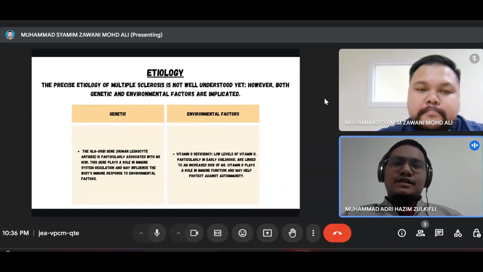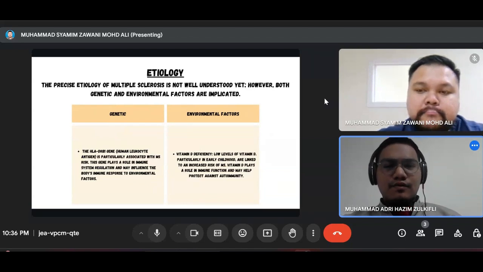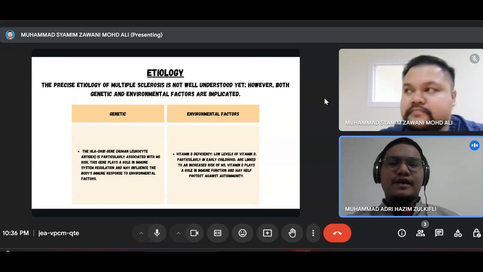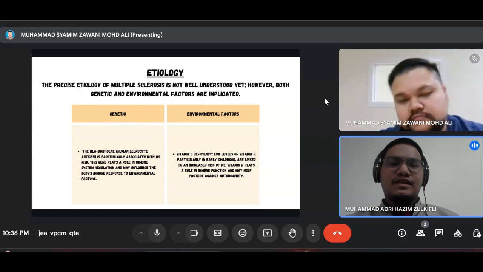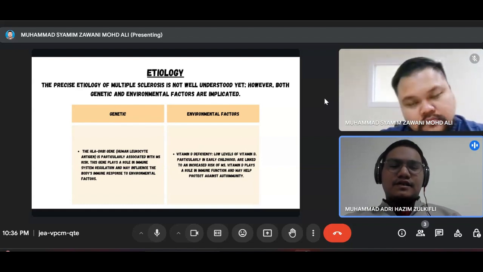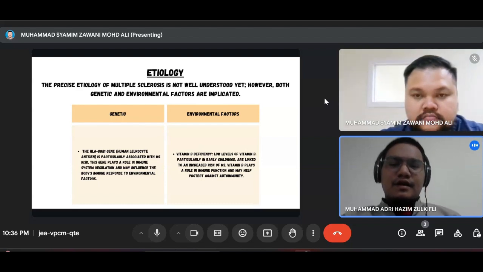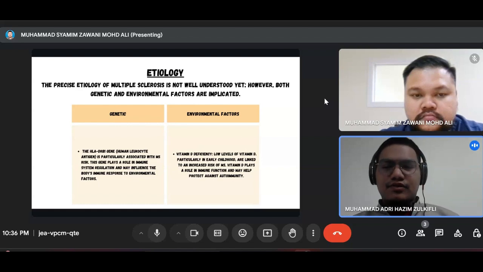For the etiology, as we know, the precise etiology of multiple sclerosis is not well understood yet. However, multiple sclerosis can be caused by genetic and environmental factors. Genetics plays a role in multiple sclerosis.